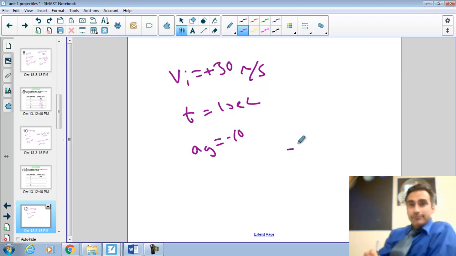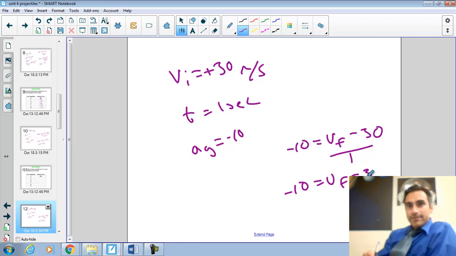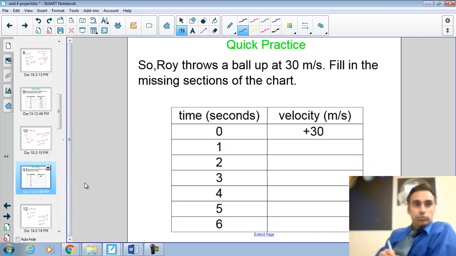So negative 10 equals Vf minus 30 over 1. Negative 10 equals Vf minus 30. So we end up with 20 equals Vf, 20 meters per second. And that's positive, so still going up.